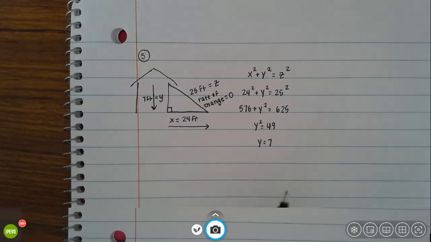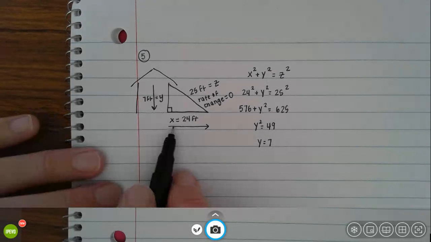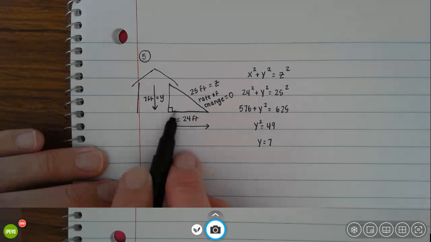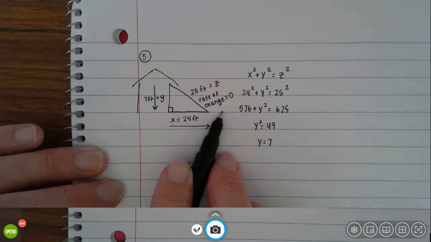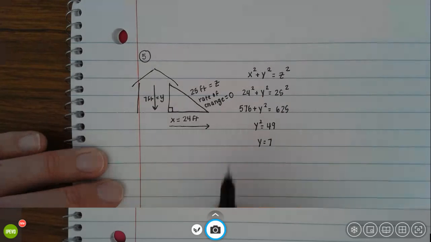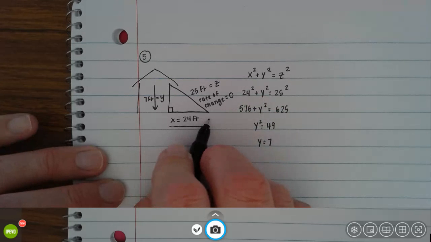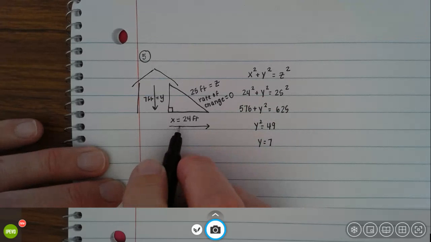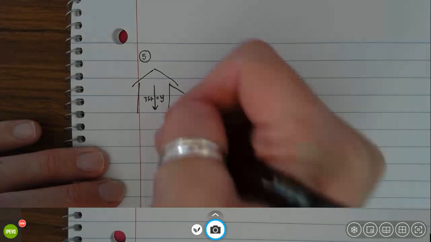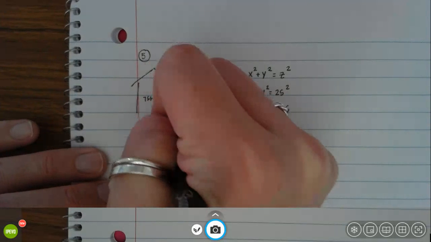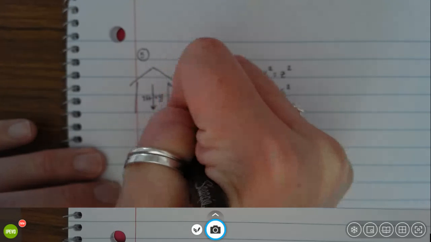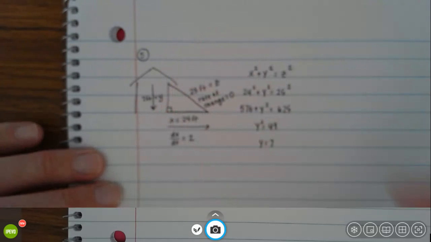We also know from reading through the problem that the base of the ladder is pulled away from the wall at a rate of 2 feet per second. So we're talking about the bottom side of the ladder being pulled away at a rate of 2 feet per second. Since we're calling this bottom distance X, I'm going to say the rate of change at which the X is changing, I'll call that dx dt, and we're going to call that 2.